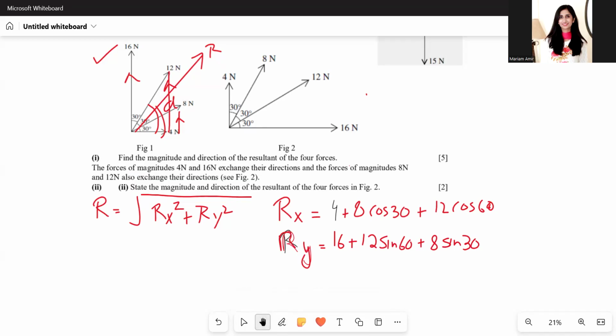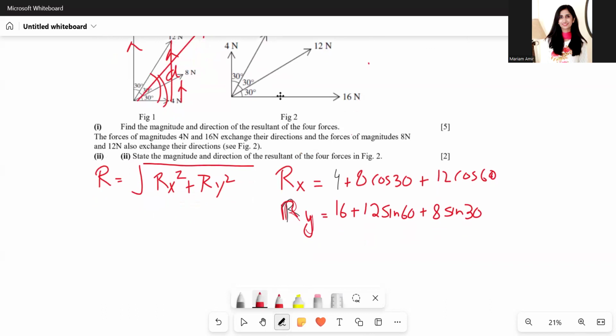Okay, now we square these and add these. So I am going to find these individual values first. Rx is 4 plus 8 cos 30 plus 12 cos 60, which gives 4 plus 10 plus 4 under root 3.